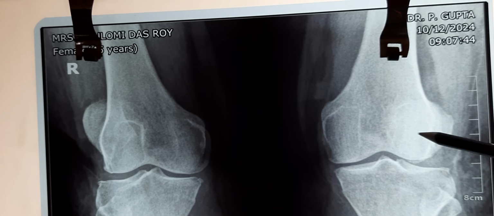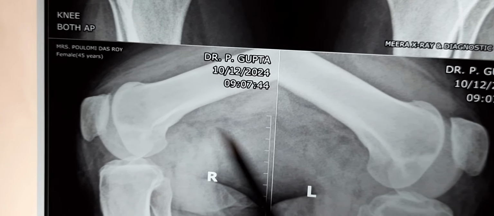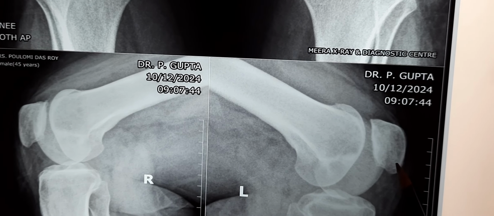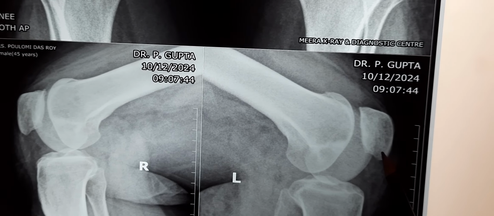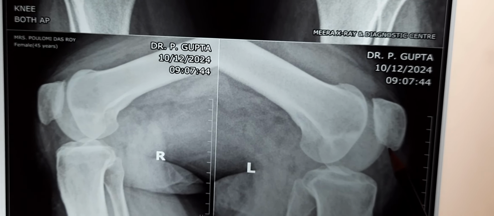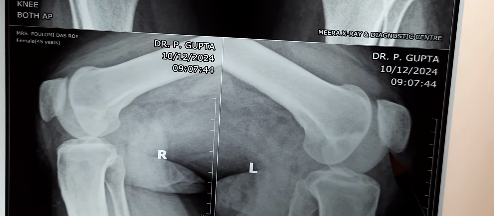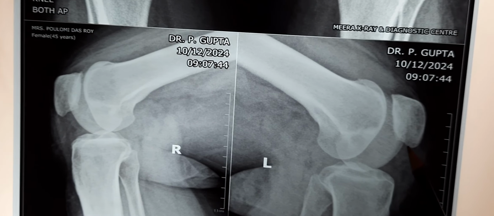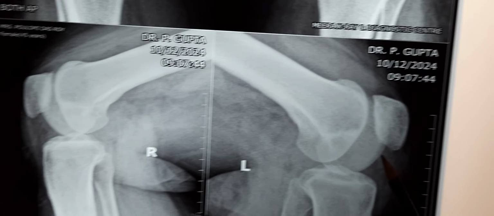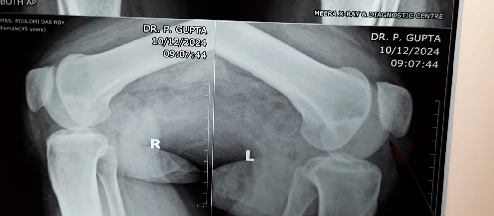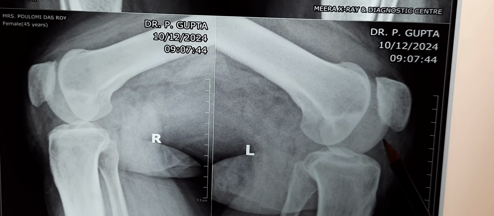If I just make a pencil mark over here, this is the mark from the left and this is the mark from the right. So the right side patella looks a bit small in comparison with the left side patella. Again, these things are seen only in the X-ray. So with the AP and the lateral view, we can easily find out whether the patella is maltracked or not.